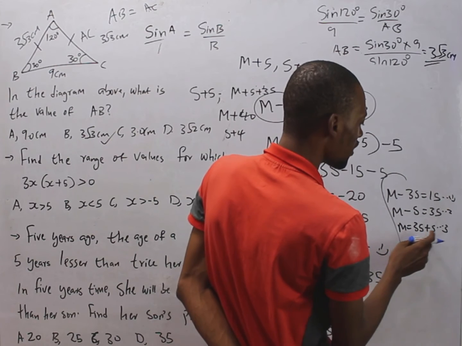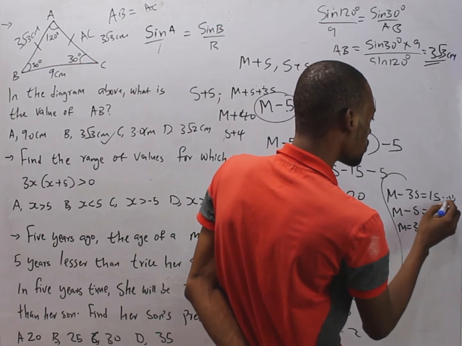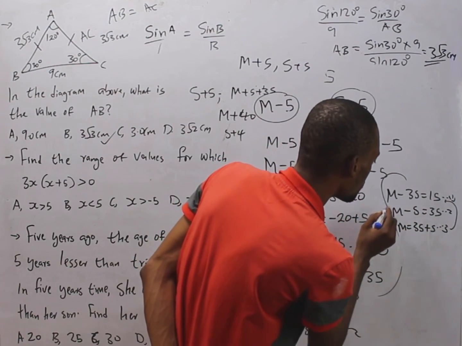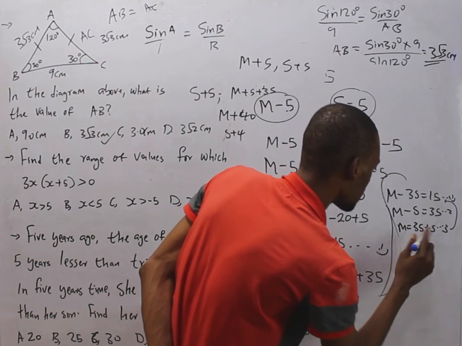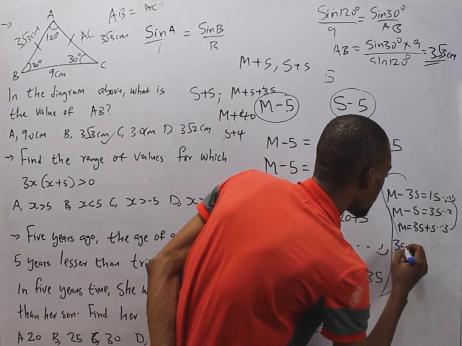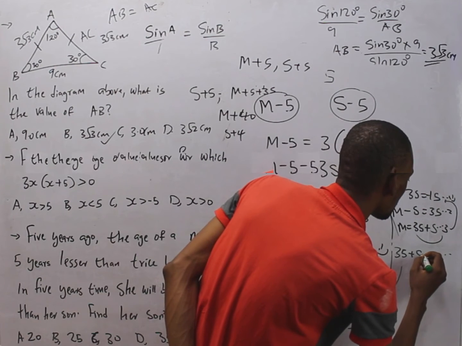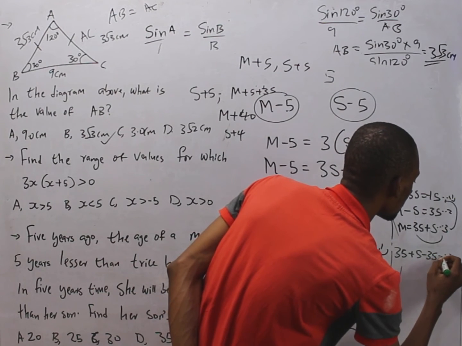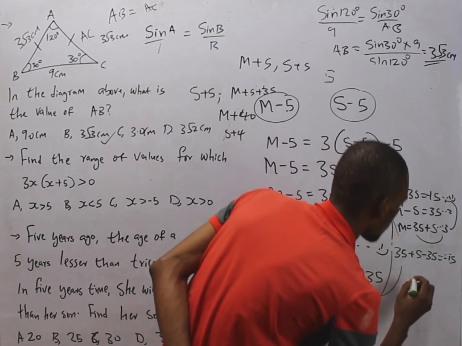If M is 35 plus S, putting this in equation 1, instead of M, we put 35 plus S. Therefore, 35 plus S minus 3S equals minus 15.